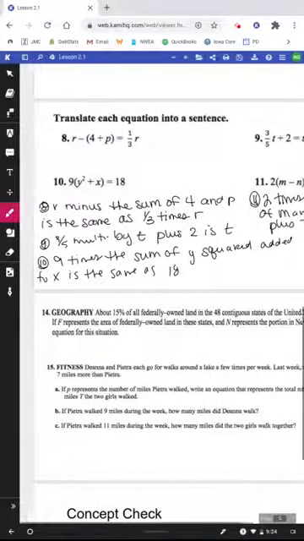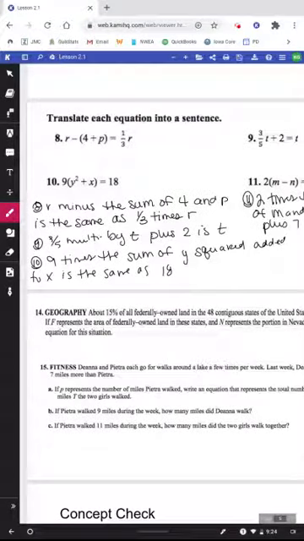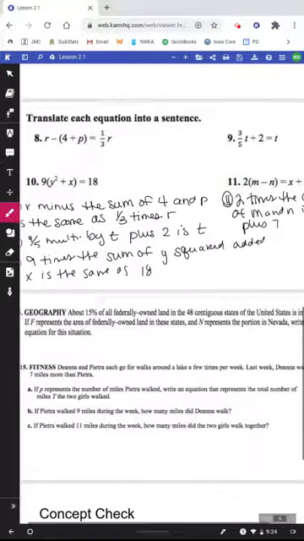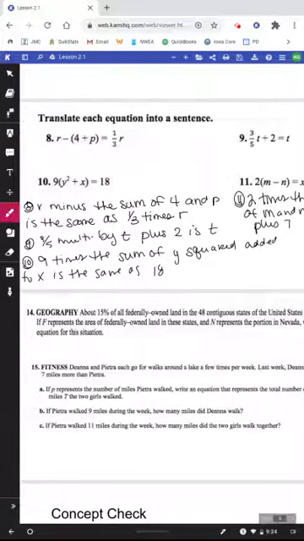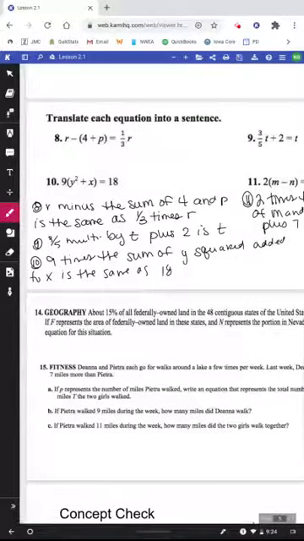Okay, then word problems. About 15% of all federally owned land in the 48 contiguous United States is in Nevada. Let F represent the area of federally owned land in these states, and let N represent the portion in Nevada. Write an equation for this situation. So we go back to the top and it says 15% of the federally owned land.